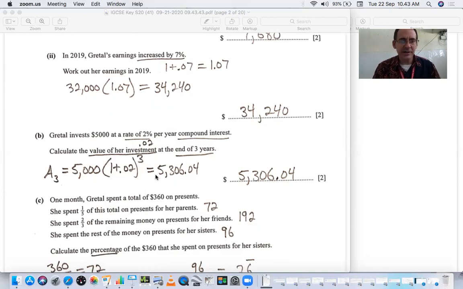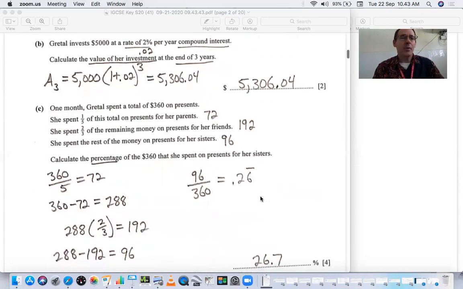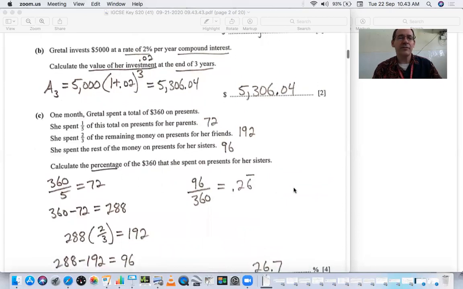Just plug that into your calculator and you get $5,306.04.